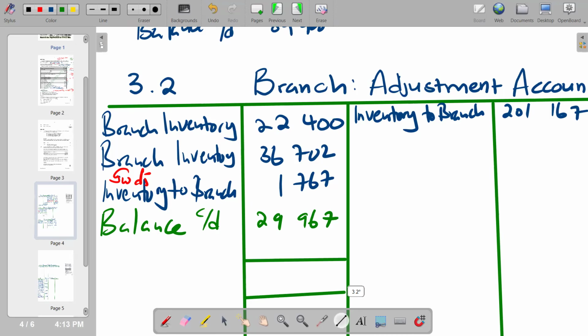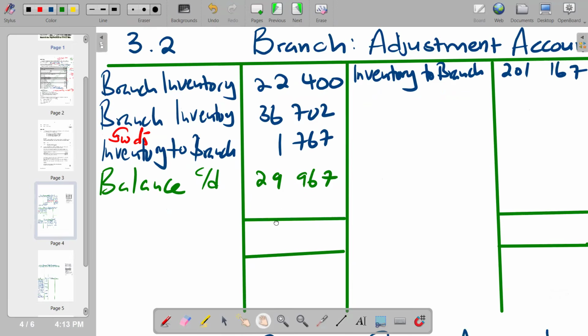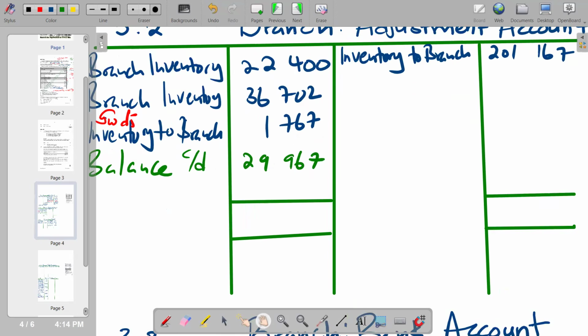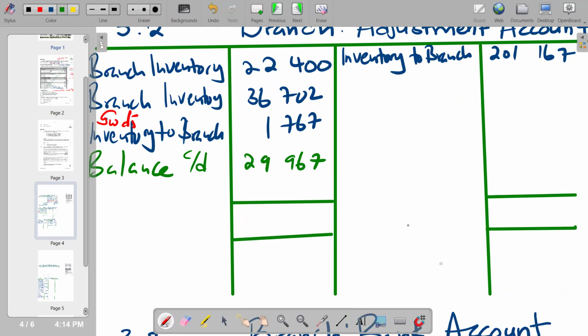Remember, depending on where we have got a smaller total, that's where we are going to have our branch profit and loss. So this CD again is supposed to come on the opposite side below the double lines as our BD, the same amount, 29,967.